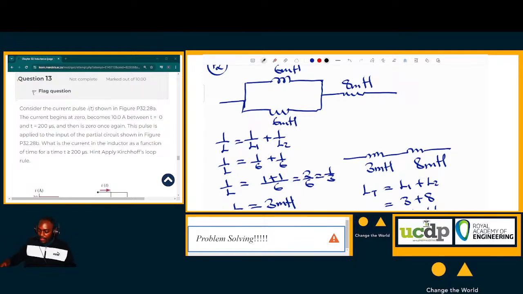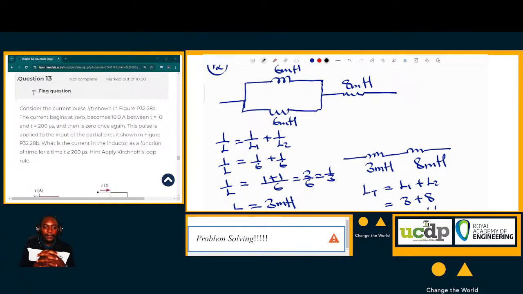Consider the pulse shown. The current begins at 0, becomes 10 amps between t equals 0 and t equals 200 microseconds, and then is 0 once again, and the pulse is applied to the input of a partial circuit shown.